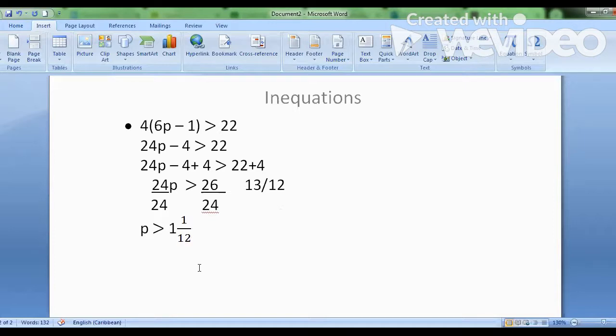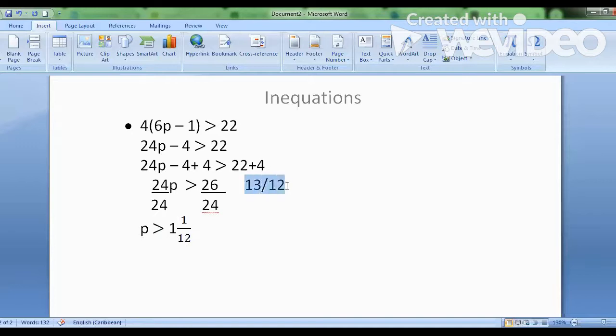No, just go to your lowest term. Oh. Okay. All right. So I don't know how it is going to complicate the question, but you're just converting an improper to a mixed fraction.